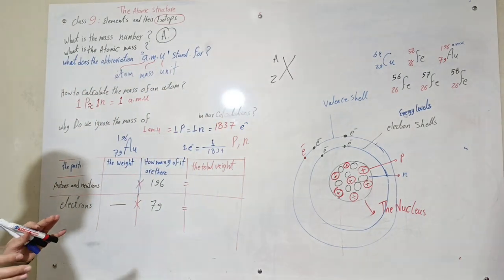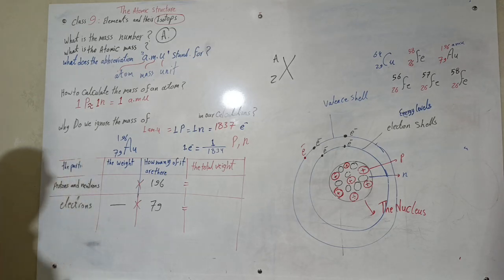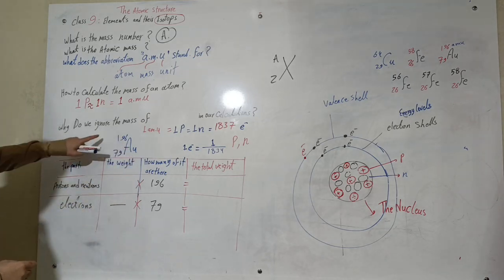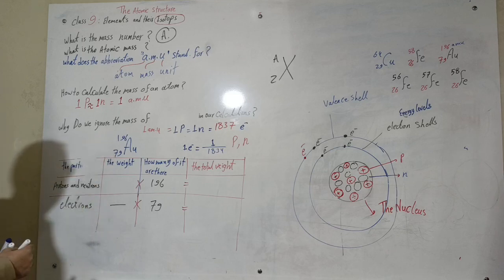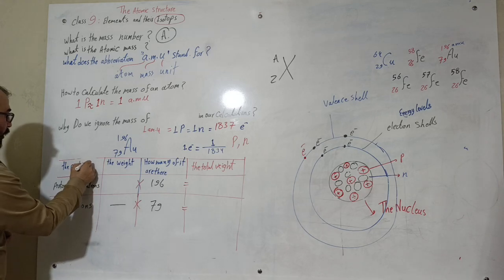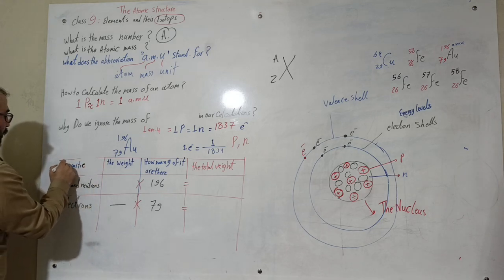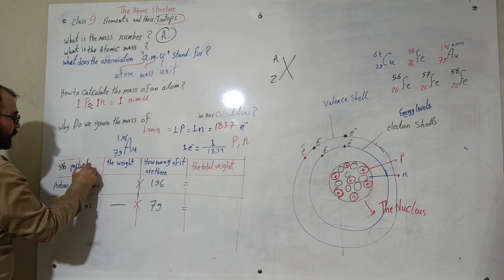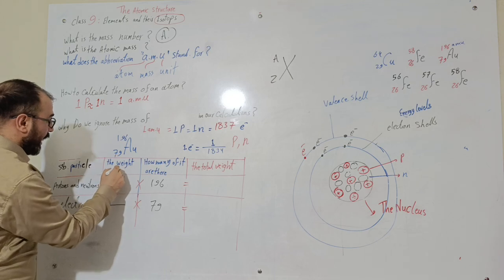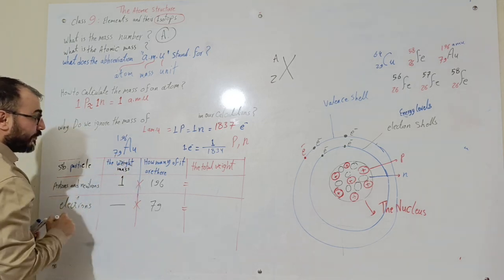Let me give it to you in another way, the numerical methodology. Let's take the atom the student asked me about, and we try to calculate its mass. We have protons and neutrons here. What are the subparticles? Protons and neutrons, we have their mass, let's say not weight, let's say the mass. The mass is 1.